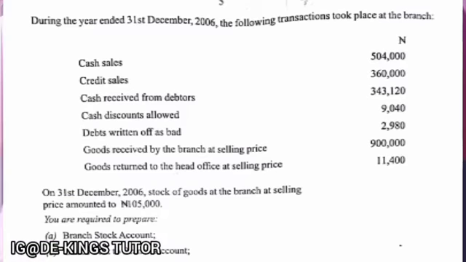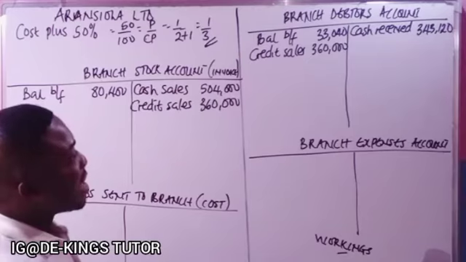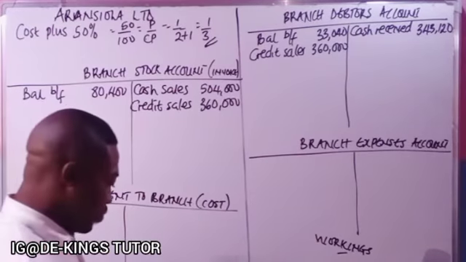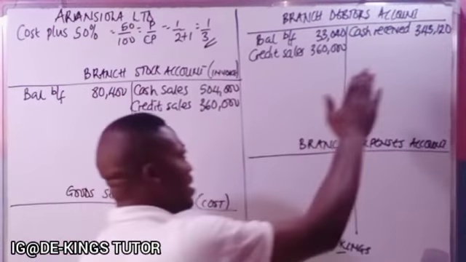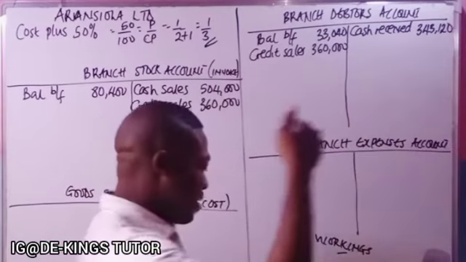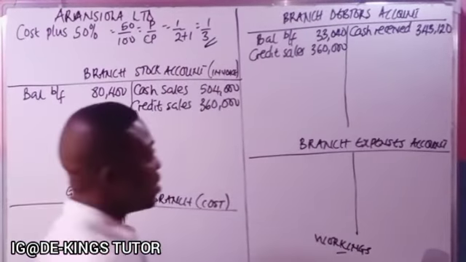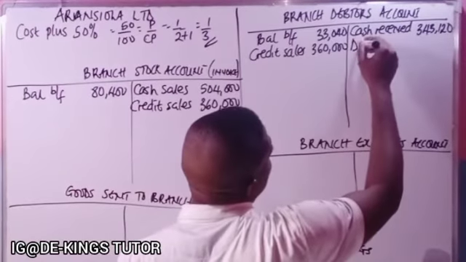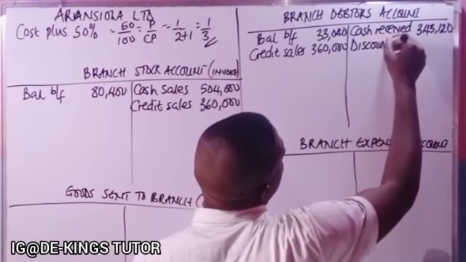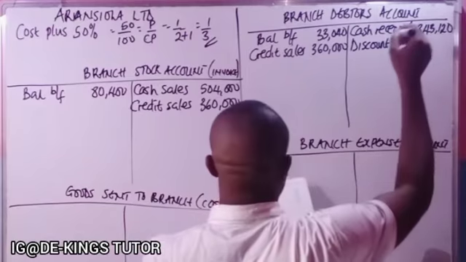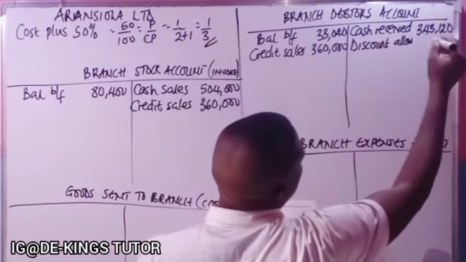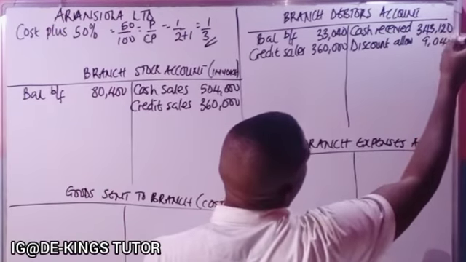The next one, cash discount allowed, 9,040. So you credit the debtors account and you debit the discount allowed account. So right here, the discount allowed is 9,040.